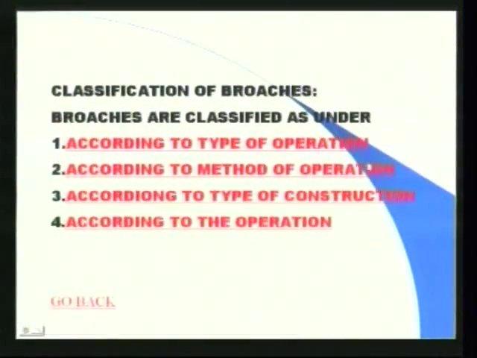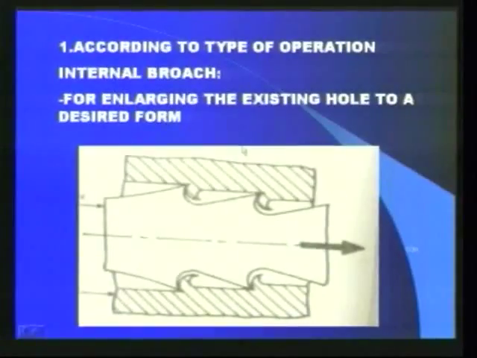Now let us classify broaches. Broaches are classified according to type of operation, method of operation, type of construction, and the operation they perform. According to type of operation, broaches are classified as internal broach and external broach. Internal broaches are used for enlarging an existing hole to a desired form.